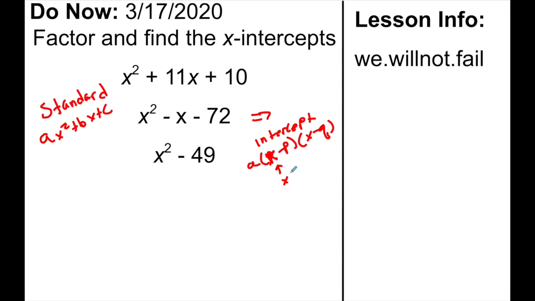What we're doing now is we are actually solving equations that involve quadratics in any form. Okay, we're going to mostly focus on standard form, and sometimes we want to solve it. For example, when we want to find the x-intercepts, we want to find the x's that make y equal to 0, right?